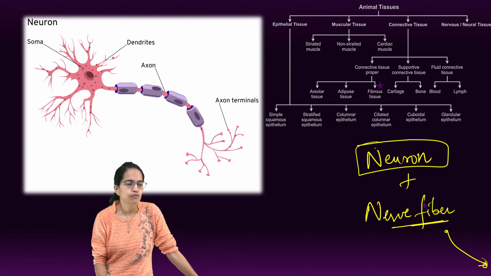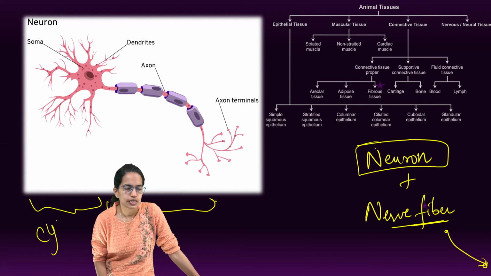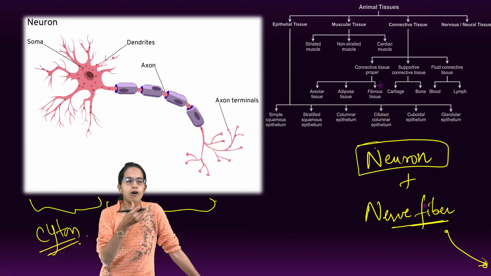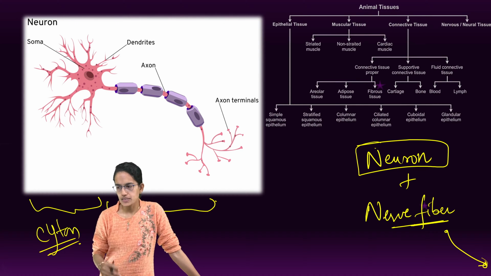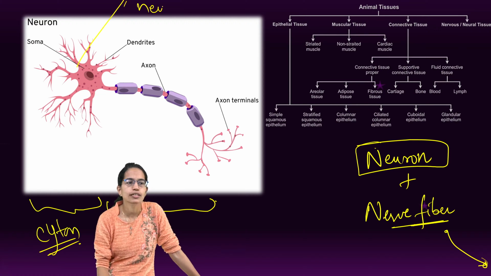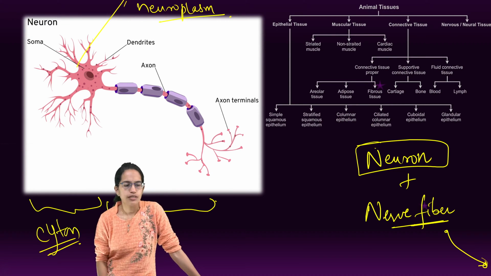Now the structure of a neuron is made up of two important components. First is the cyton. The cyton is the main cell body of the neuron, and it is a star-shaped structure that has cytoplasm. The cytoplasm of the neuron is known as neuroplasm. And then we have an elongated section which is known as the dendron.